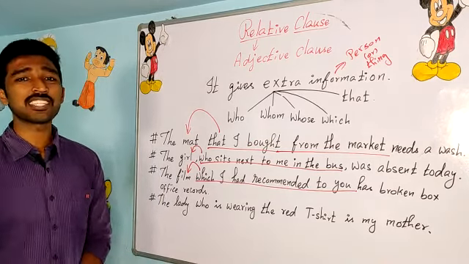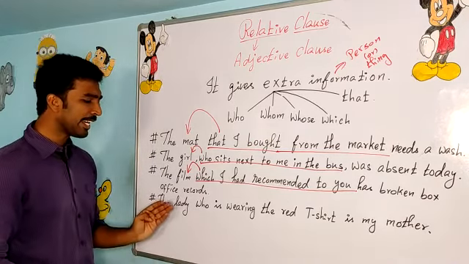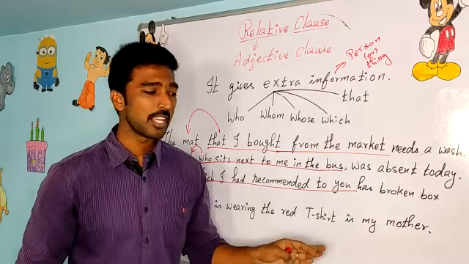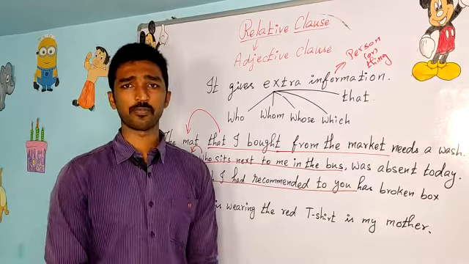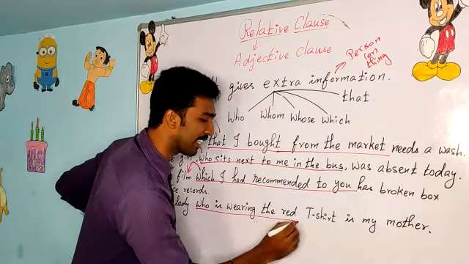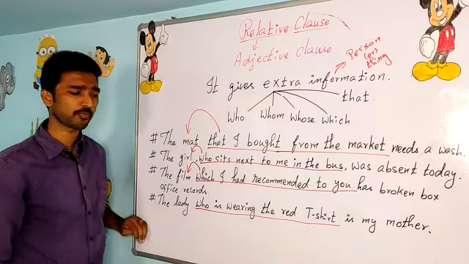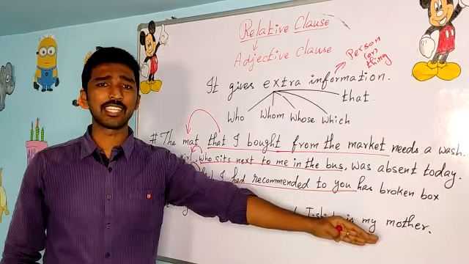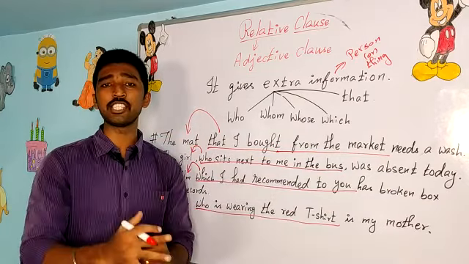And the last sentence in our list: the lady who is wearing the red t-shirt is my mother. The relative clause here is who is wearing the red t-shirt. The lady is my mother. Which lady? There are more number of ladies. Which lady is your mother?